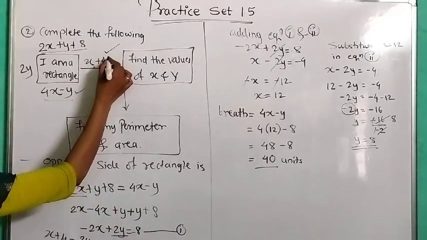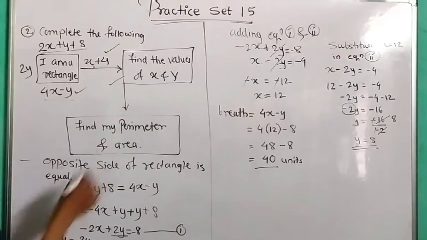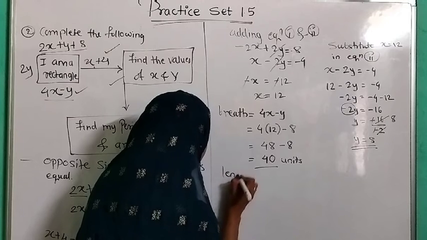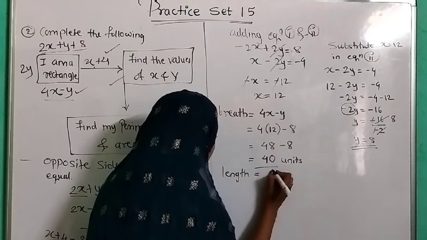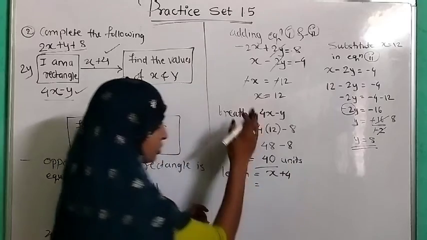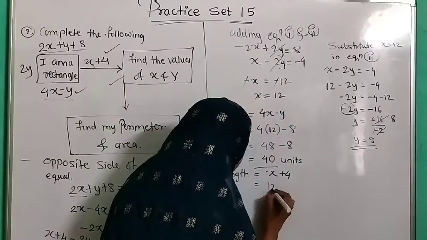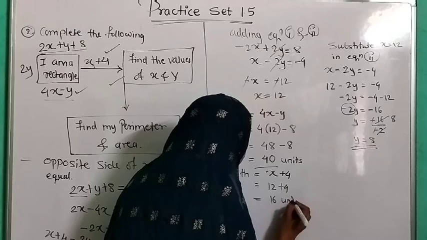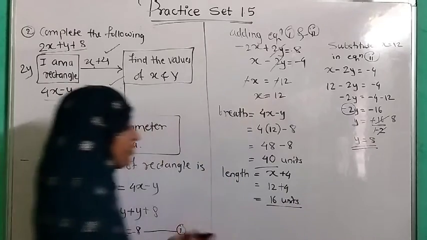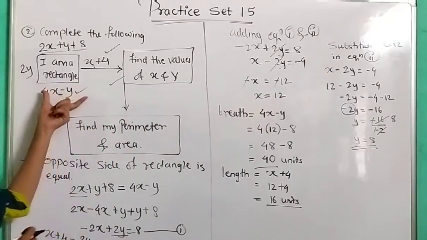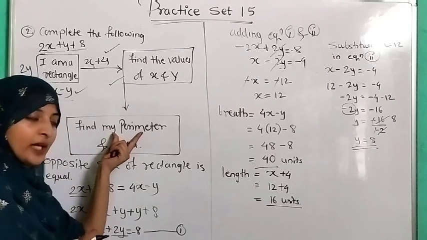Now, if you want to find the length, then x plus 4 is equal to length. We know the value of x is equal to 12, plus 4 is equal to 16 units. Means we get the length and breadth of the rectangle. Now we have to find the perimeter.